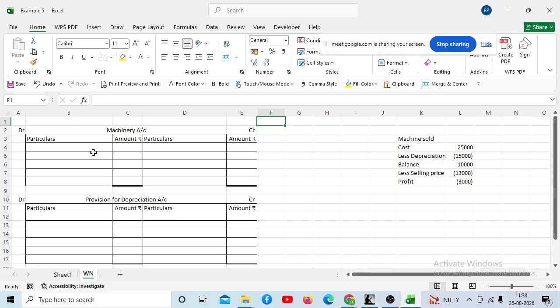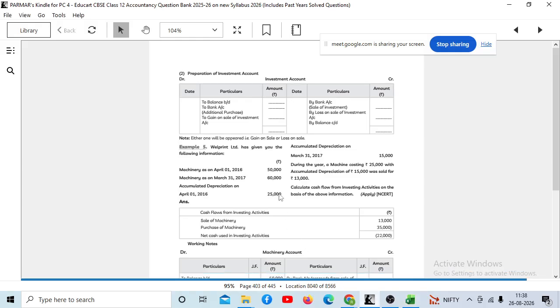So write the opening balance on the debit side of machinery account as to balance brought down. Any doubt? Now, if opening balance is on the debit side, then closing balance will always be on the credit side.